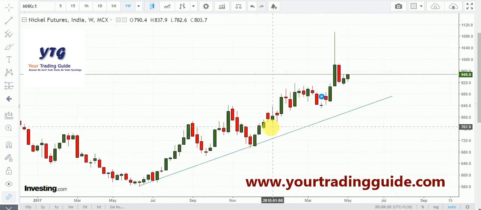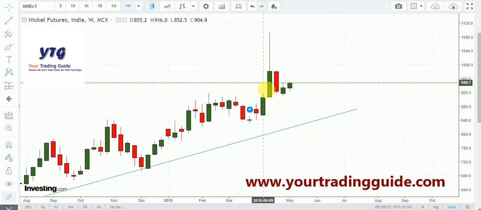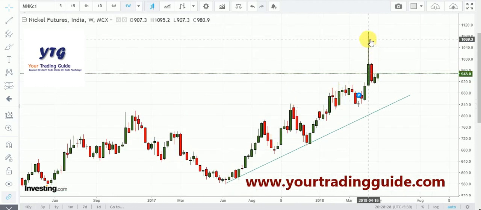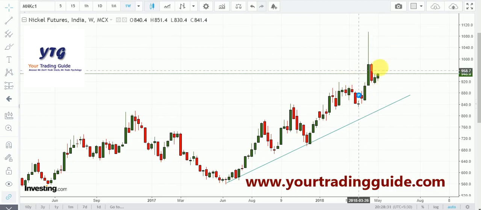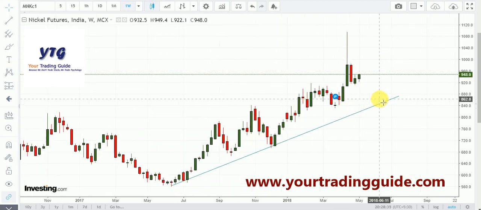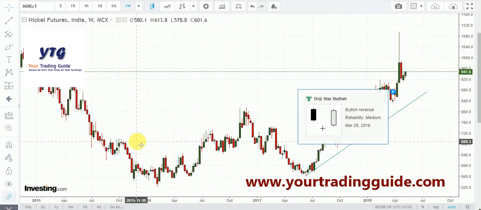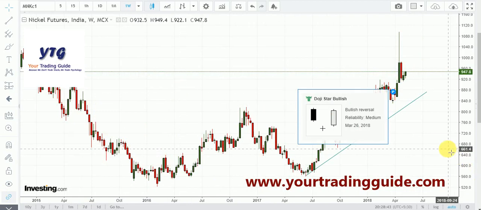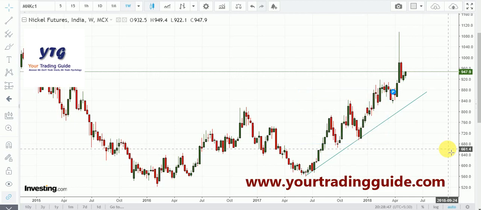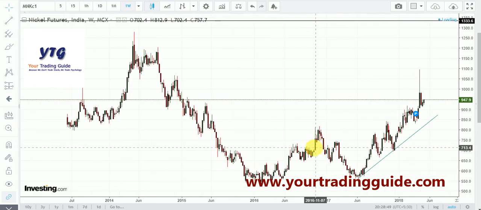Some of you may call this a bearish candlestick pattern, but after this bearish candlestick pattern, the prices again started moving up. So it formed a pattern, but there is no clear sign of reversal, and till the time we don't have that sign, the trend is intact. Hope you are able to understand this.